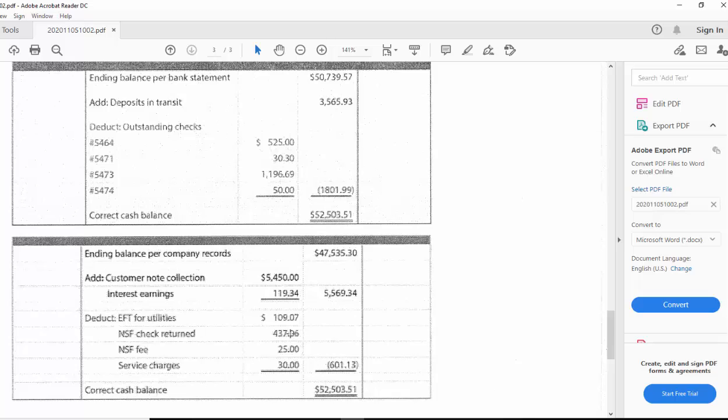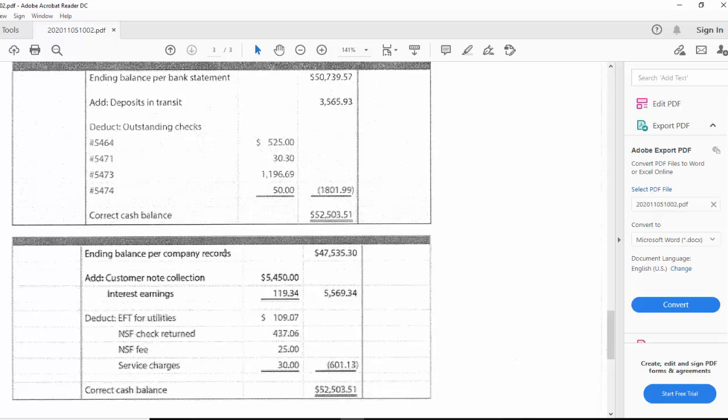We wouldn't have included that if we'd known it was a worthless check. We have some fees and some charges we would have subtracted as well. So if we had known everything that the bank knows, our account balance for cash would have shown $52,503.51. And once again, if the bank knew everything, we would have had the exact same number.